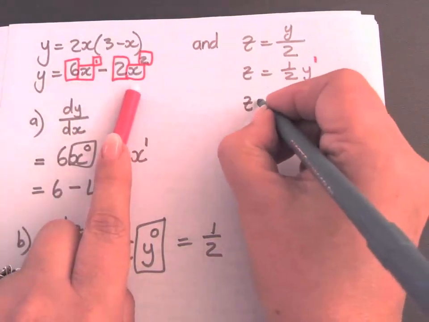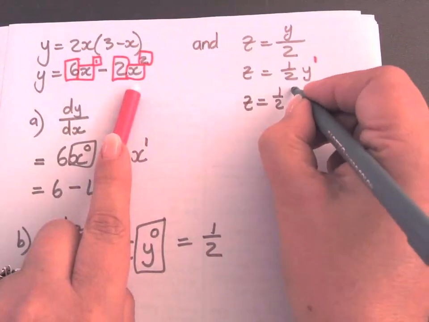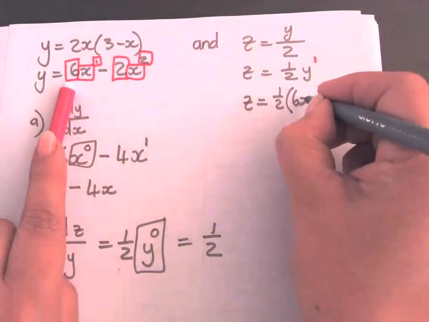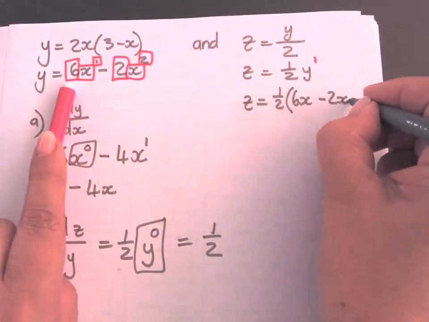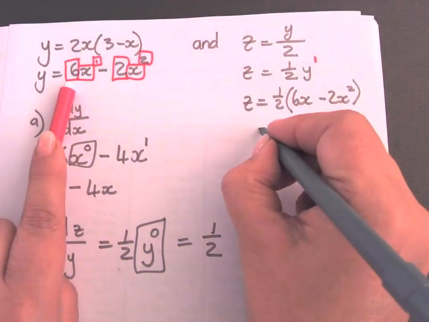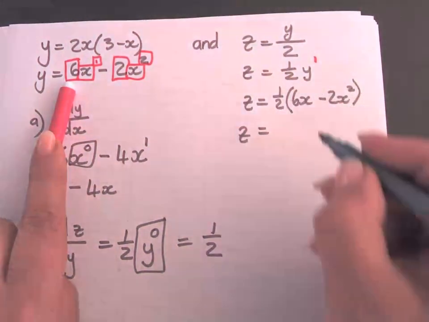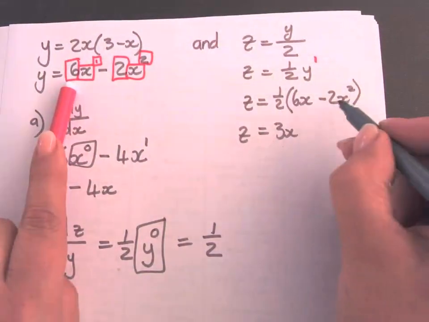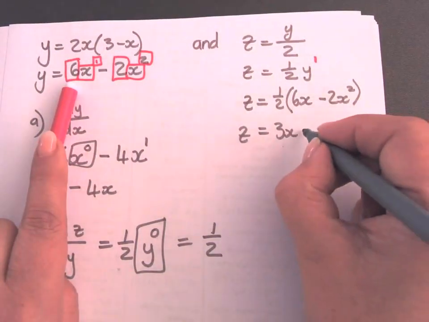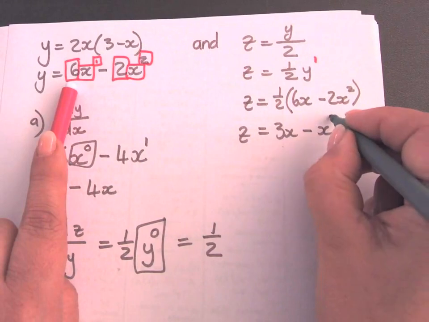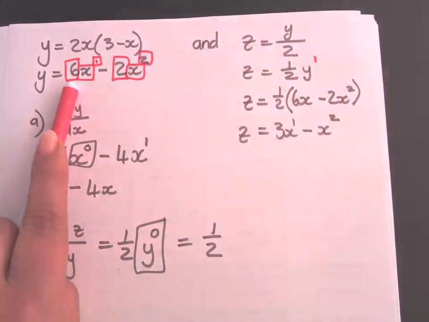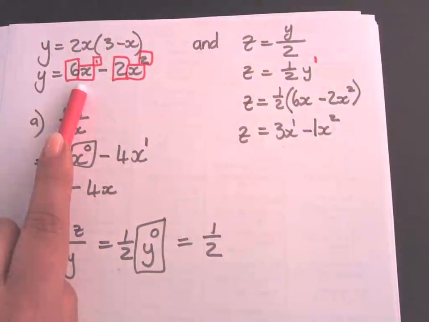Okay, so therefore z will be a half times 6x minus 2x squared. And then you will get 6 times a half is 3x. Minus 2 times a half is minus x squared. There's a 1. Now I can differentiate. There's a 1 as well.